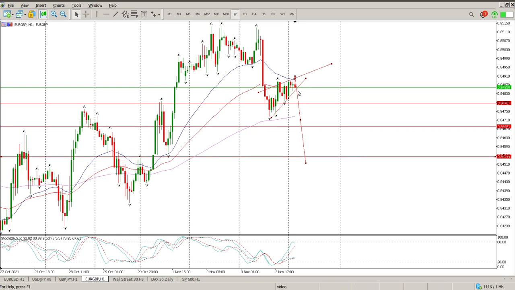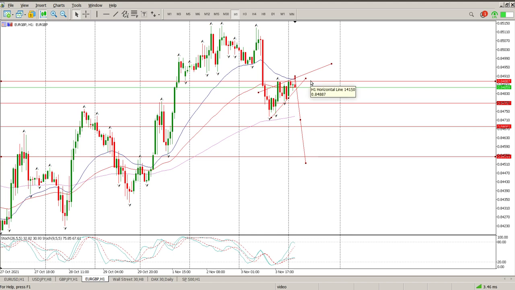So I suspect, and there's a little gap here, so to be safe, what you want is a break and retest of 0.84797 to the downside, and then you're looking for the measured move, which is going to be 0.84544. If we do manage to find support here at 0.84787, then I would look for a break and a retest of that structure there.